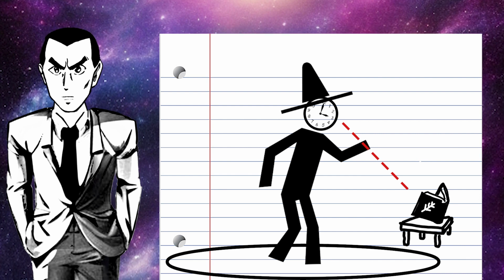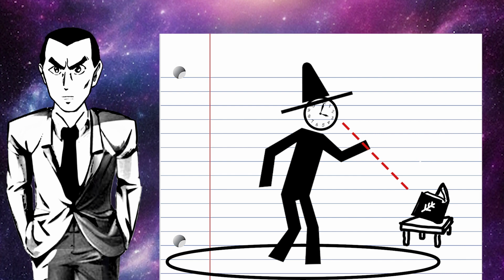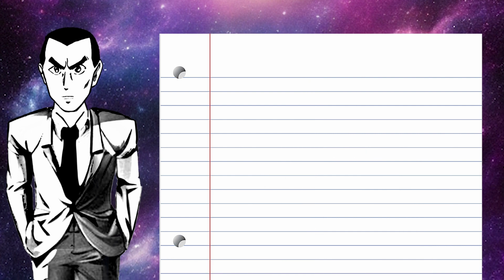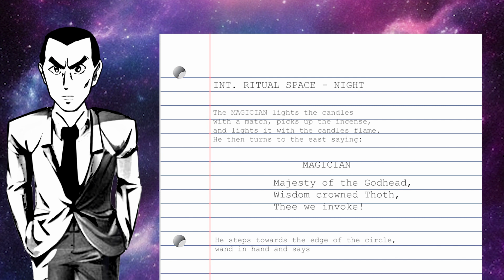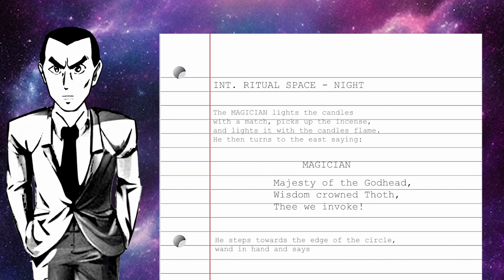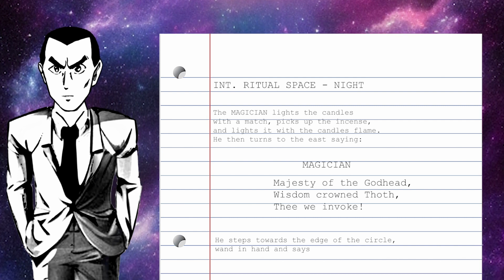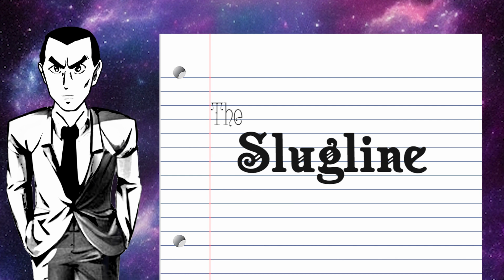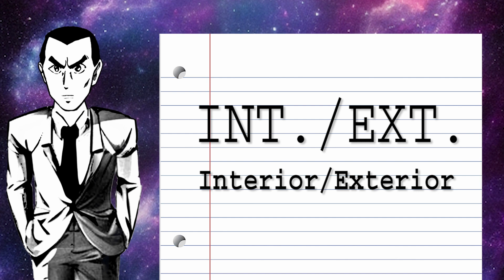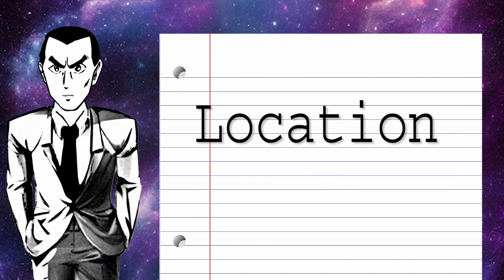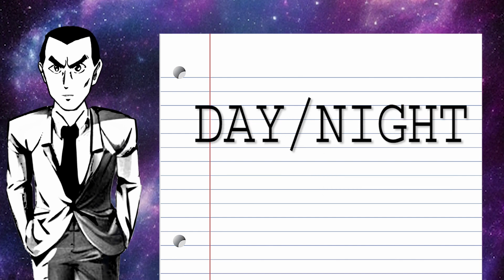To begin by using the example of screenplay format, a general page of screenplay begins with a slug line. The slug line tells us if we are inside or outside, the name of the setting, and if it is day or night.